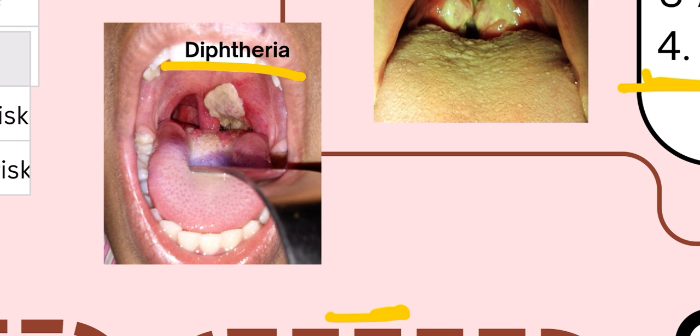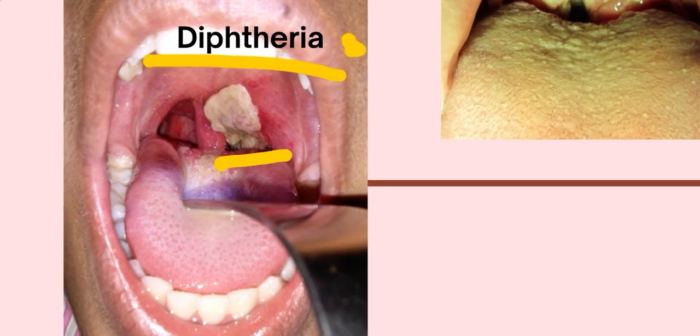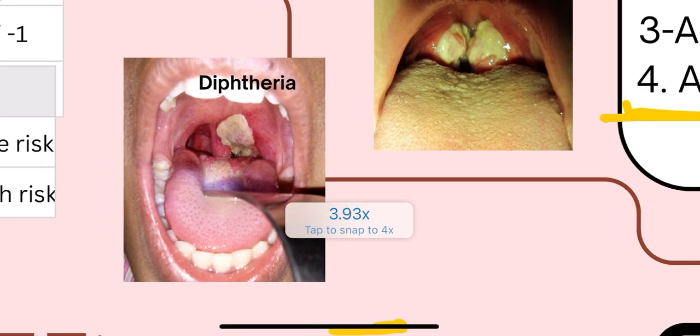So it is important to distinguish it from membranous tonsillitis, as it is a different situation and sometimes could lead to airway obstruction. Okay, here is the picture for it.